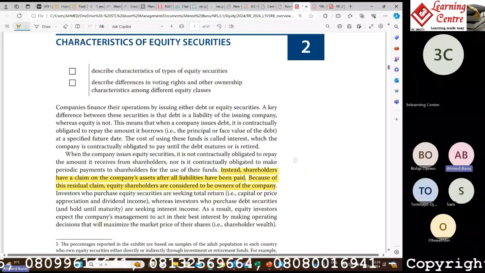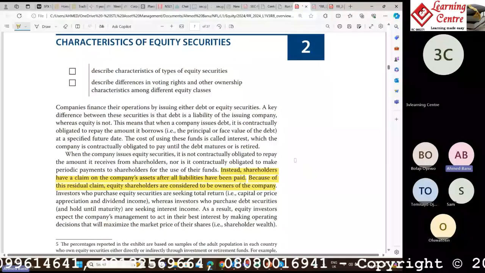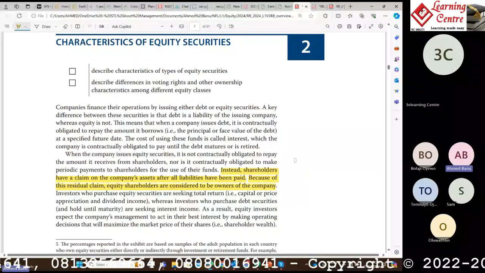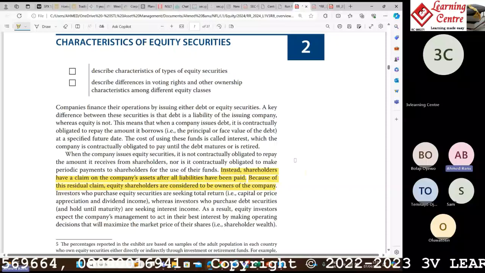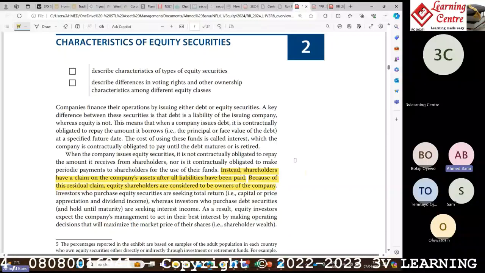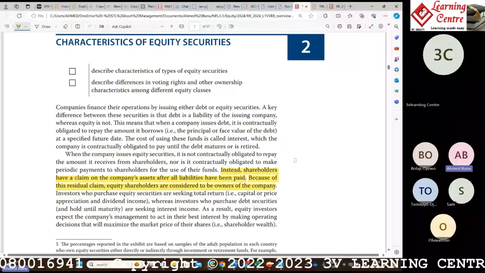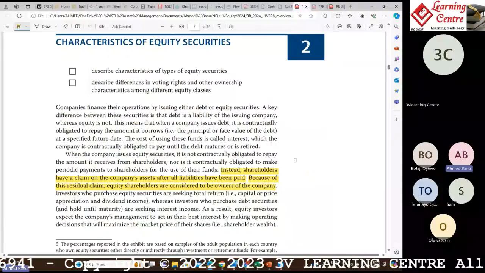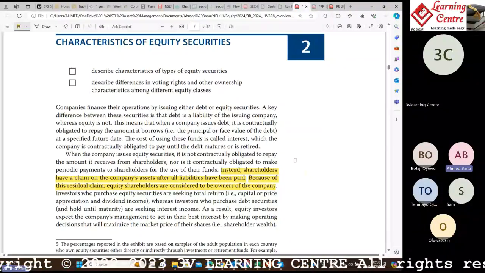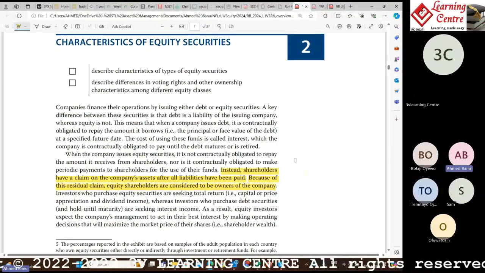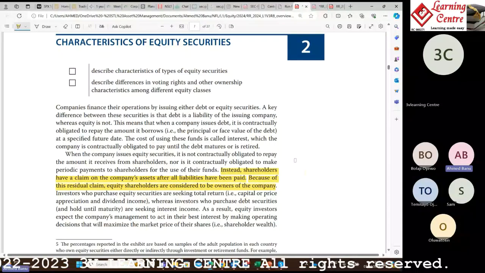That's the residual claim. And from a risk perspective, that's the major risk that people who buy shares or stocks of a company expose themselves to: the fact that everything that you have put in that company can be lost if there's a bankruptcy.